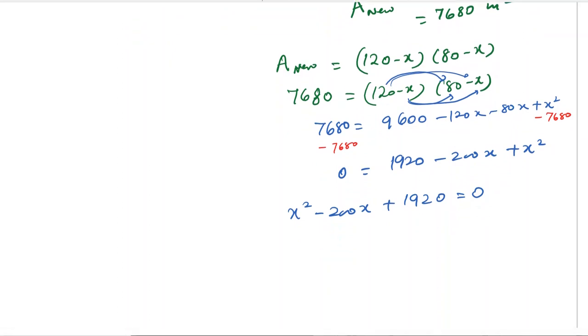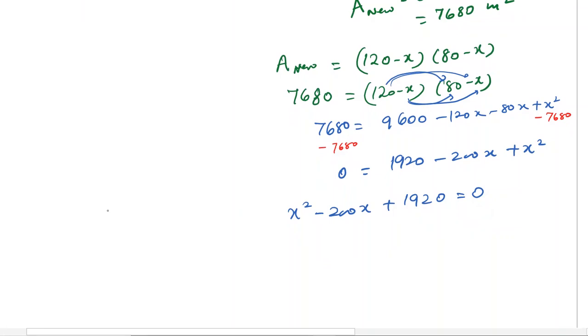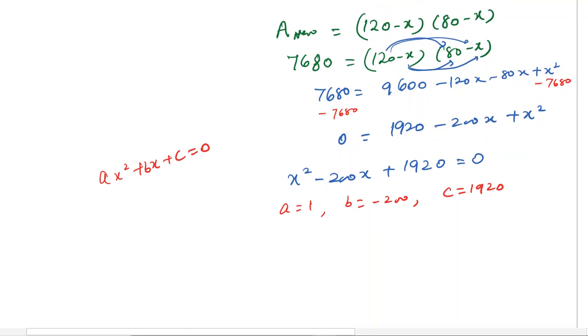When we compare it with our general form, ax squared plus bx plus c equals 0, in this case our a is 1, b is negative 200, c is 1920. We use the quadratic formula: x equals negative b plus or minus square root of b squared minus 4ac, over 2a.